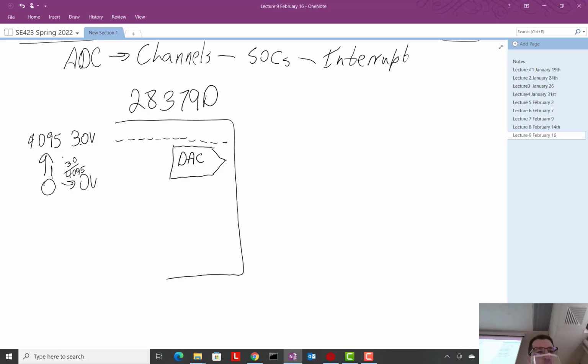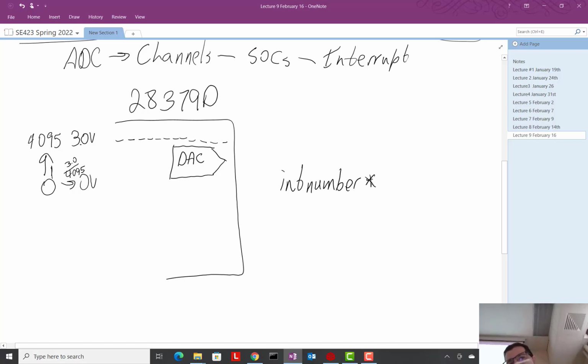Then the next one would be 2 times that resolution, then 3 times that resolution. See how that works? So you've got your integer number times the 3.0 volts divided by our resolution, the number of integers minus 1, and that equals the voltage that we're outputting.